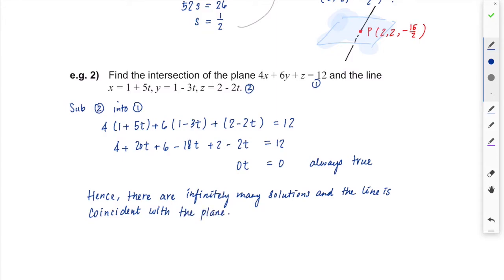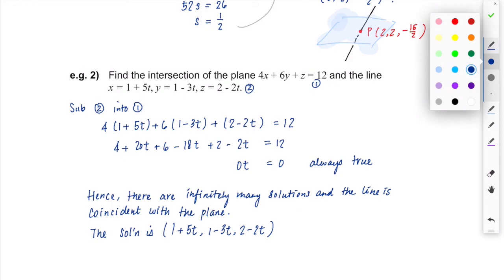As a result, the solution is basically the line itself, right? In parametric form. So 1 plus 5t, 1 minus 3t, 2 minus 2t.